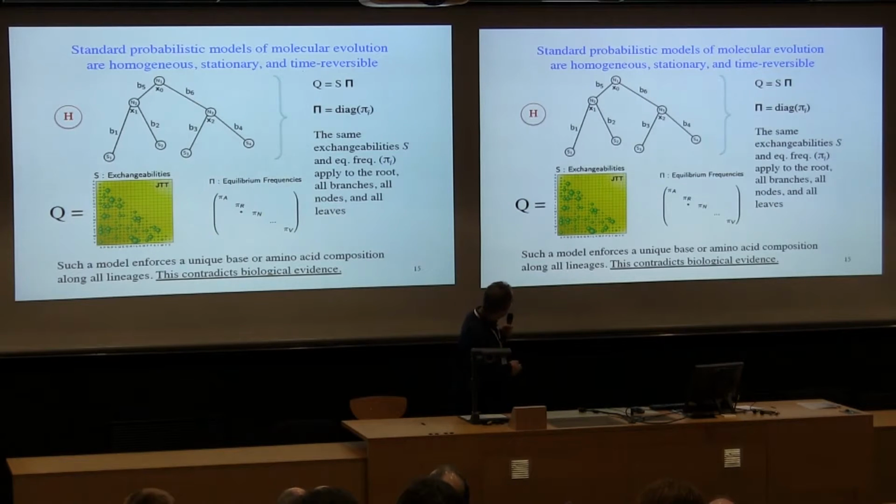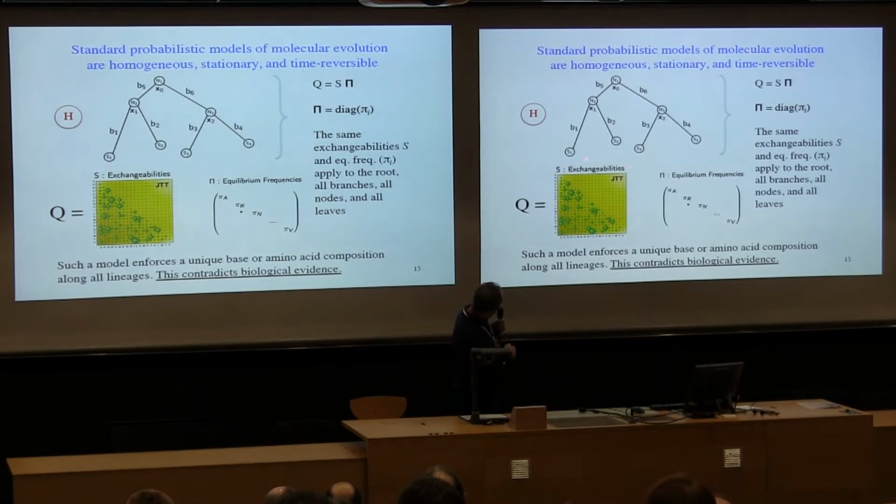And so the crucial element I want to point out here is that the common modeling assumes that the same exchangeabilities and the same equilibrium frequencies apply to all branches, that is, all along evolutionary time, as a consequence of which there is a unique composition.